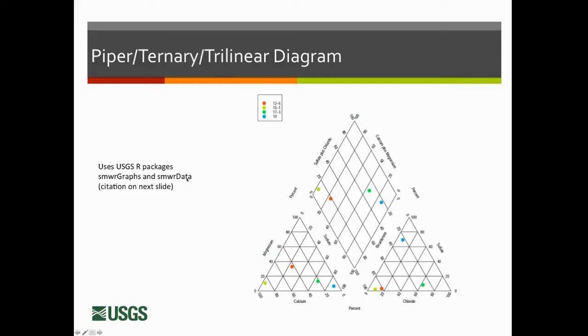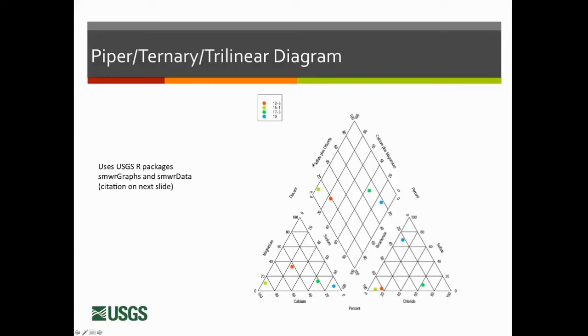Dave Lorenz, retired from the Minnesota Water Science Center, developed this, and the code for producing this is in the notes. We have 4 samples here. I don't really have any information about those samples, but we can see the blue one is quite different. It is much lower in bicarbonate than the others over here. The red one's higher in magnesium.